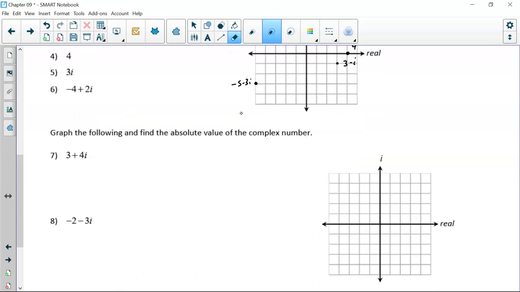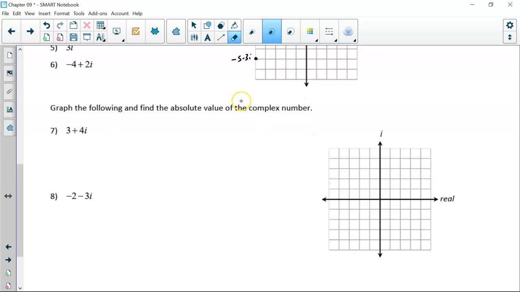Now we're going to graph the following and find the absolute value. So 3 plus 4i, for the real we're going to go over 3 and then up 4 in the imaginary. Now, the absolute value is the distance away from 0. On this imaginary plane, we're finding the distance from 0, 0, the origin.